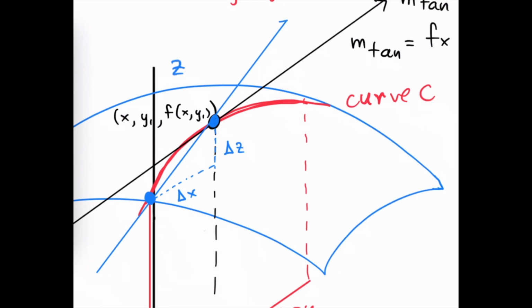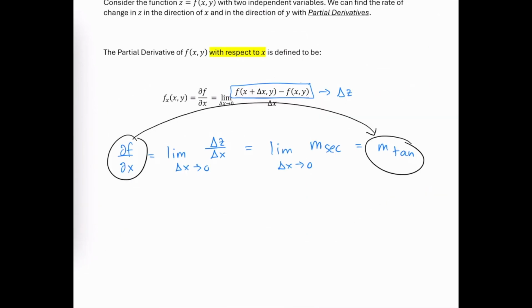We can connect these two points with the secant line, and the slope of this secant line is going to be that change in z over the change in x, or the rise over the run. So back up here in our limit definition, we see that this partial is defined to be the limit of the slope of that secant line, which gives us the slope of the tangent line.